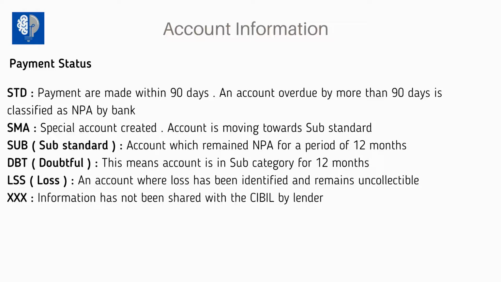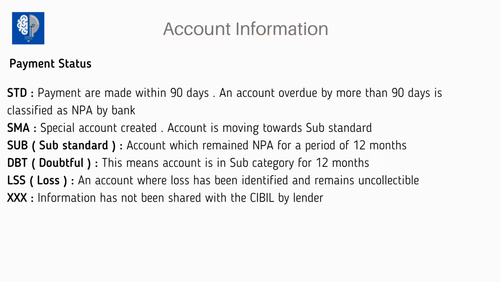Then second is SMA, which is special mention account. It means that the account is moving towards substandard. What is substandard? If it has remained NPA for 12 months. Suppose for 12 months you have not paid your loan or your EMI, then it becomes an NPA and substandard account, which is a bad indicator for the credit score.